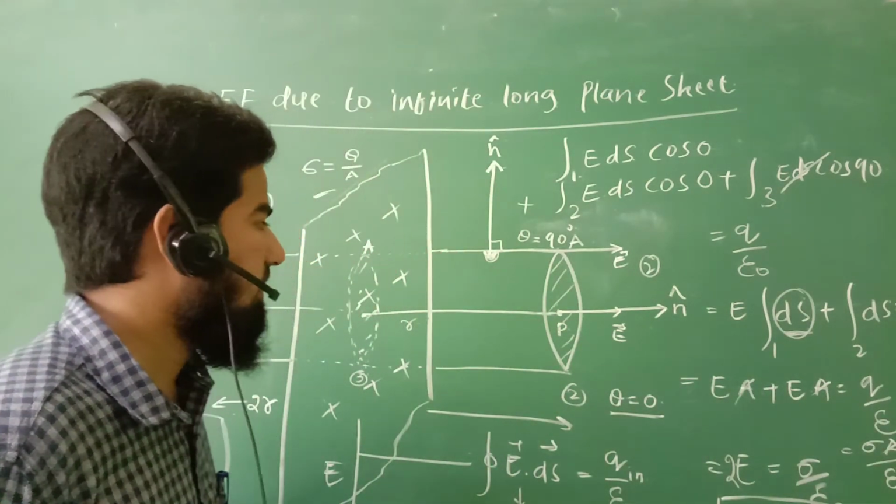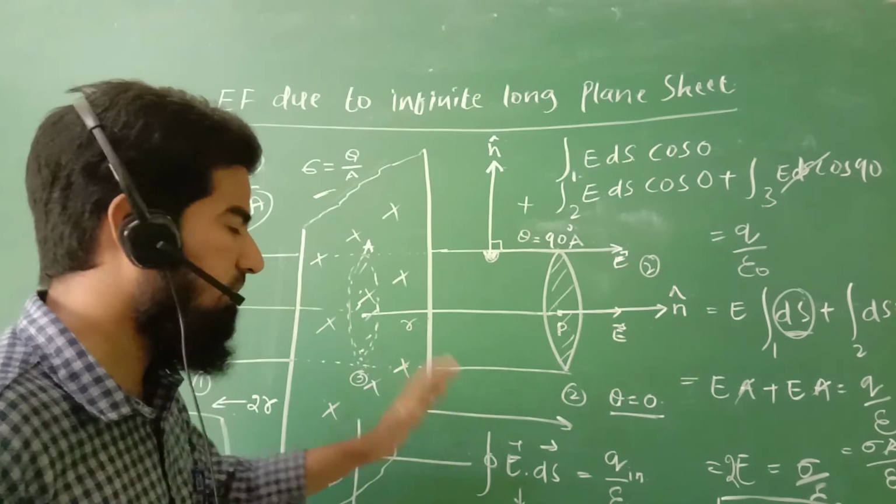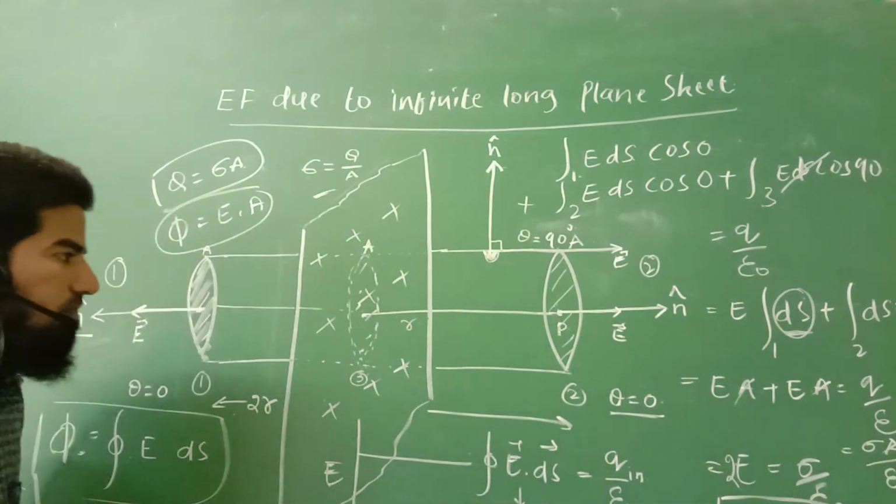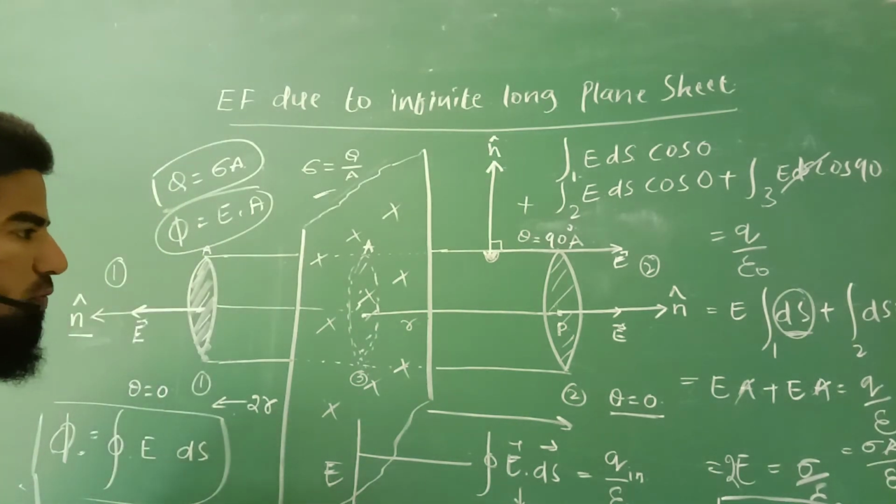From the surface, perpendicular to the surface, a point P is given.